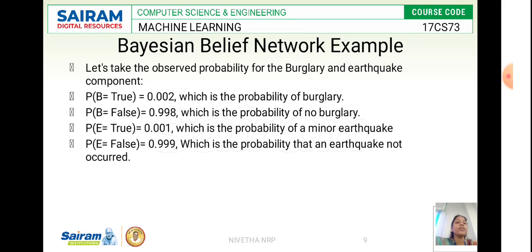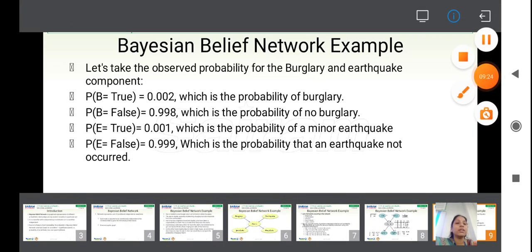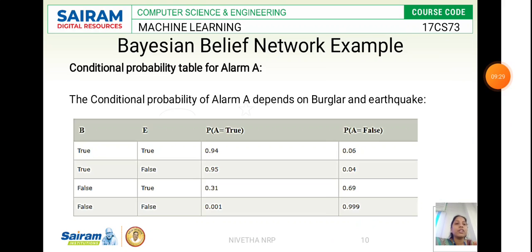This is the probability for no burglary. For the earthquake to be true, the probability is 0.001, and to be false it is 0.999. So with the network, we have derived these probabilities. Now for each and every feature, we will calculate the probability for true and false.